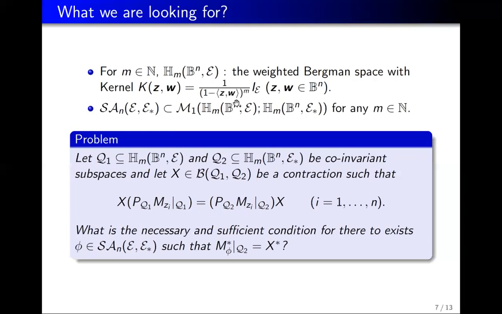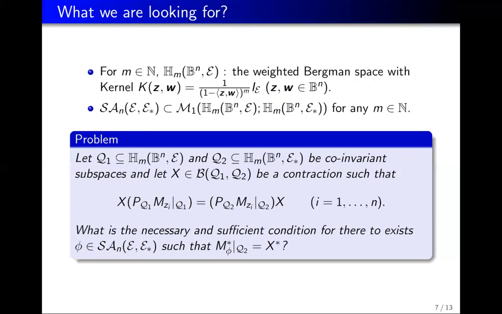Similarly, if you take n equals 1, then you are on the unit disk. Your unit ball becomes the unit disk. In that case also, the multiplier space becomes H infinity, and the unit ball is the same as the Schur-Agler class. So therefore, there are no restrictions.